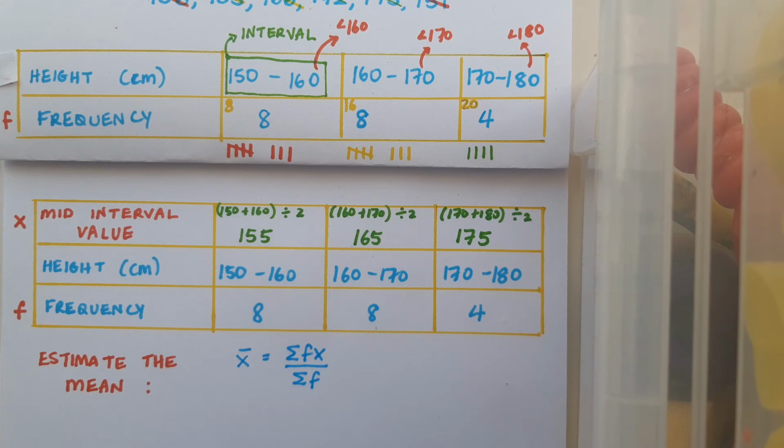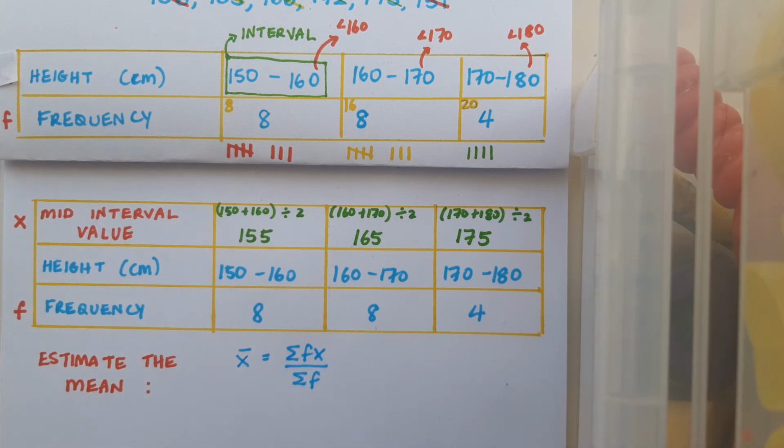So x bar equals summation fx over summation f. Don't forget, summation f just means add up all your frequencies. We did that earlier in the video. 8 plus 8 plus 4 is 20. Summation fx means take each frequency, multiply it by its variable, and then add all those results up.